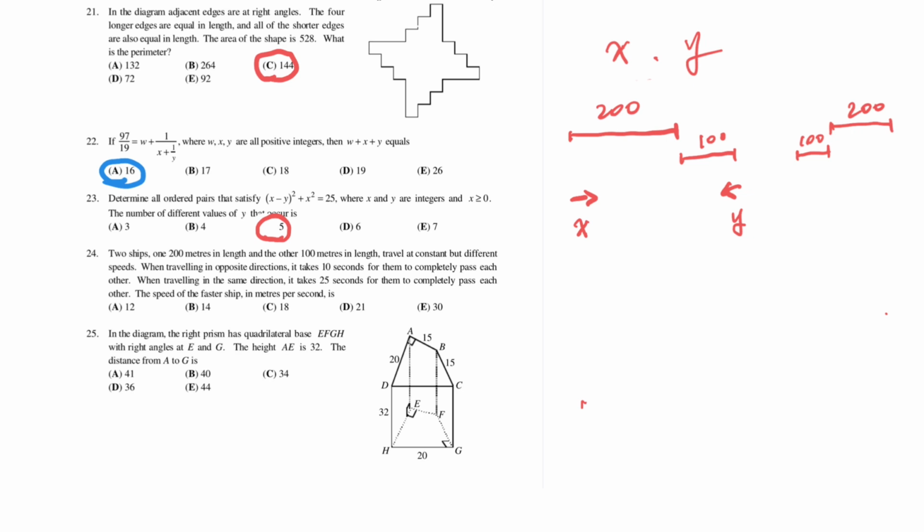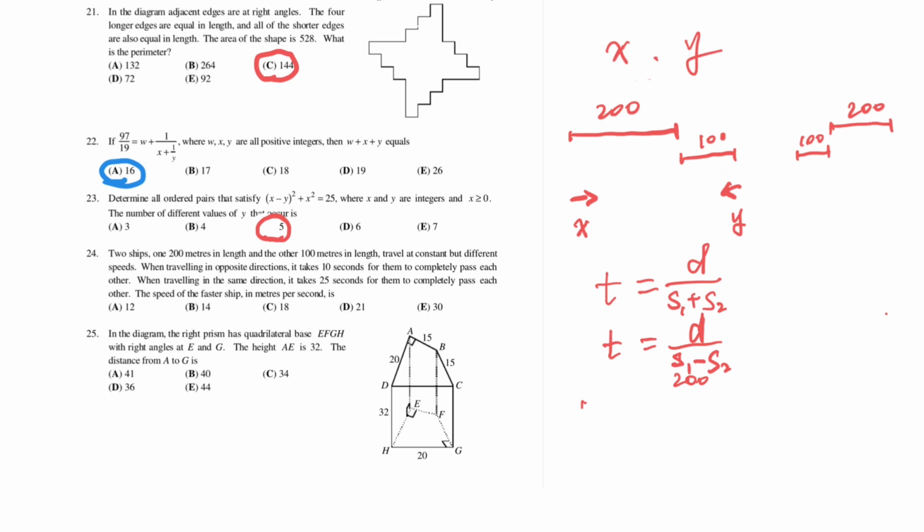Next time when you see a problem going in the opposite direction, always use time equal to distance over speed 1 plus speed 2. If they go in the same direction, use distance over speed 1 minus speed 2.